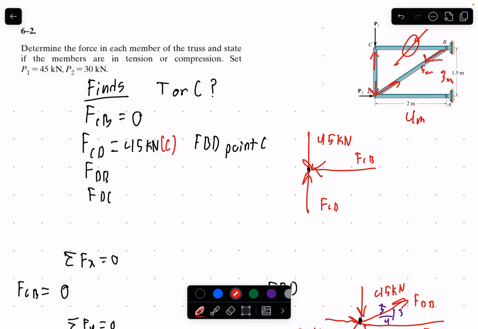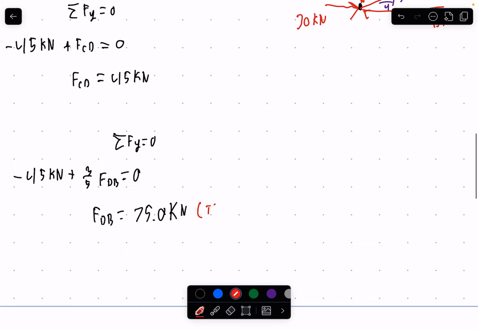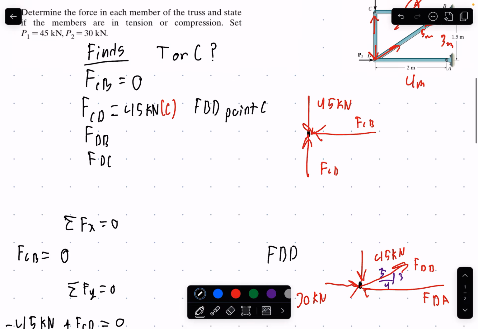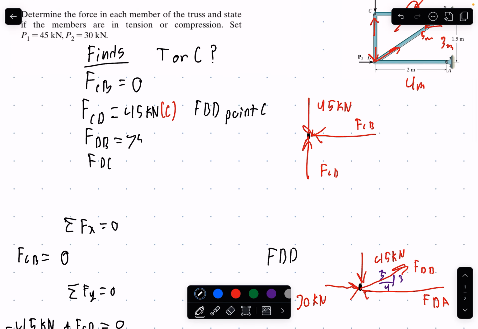So we know this must be in tension, because if you imagine the beam right here, it's being pulled apart, so the forces at these 2 points will have to push it in to keep it at rest, if that makes sense. Okay, so we know that this will be in tension, in fact. Up here next, find variable: force DB, and that is in tension.